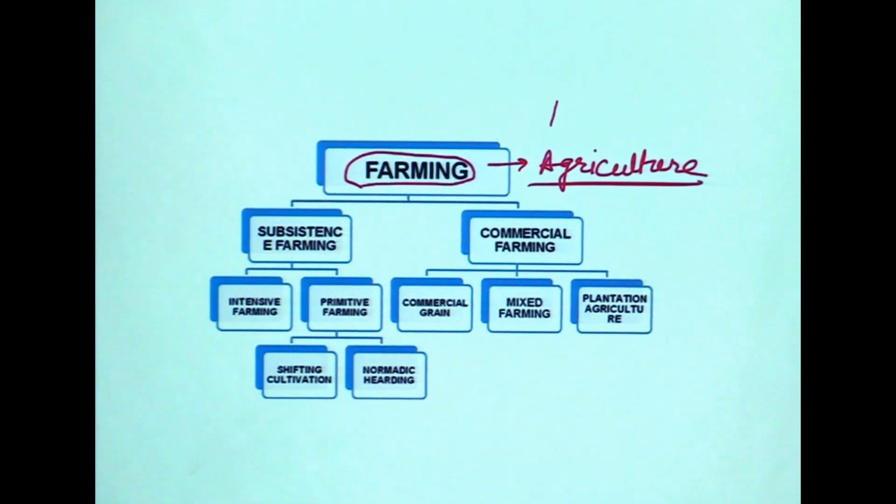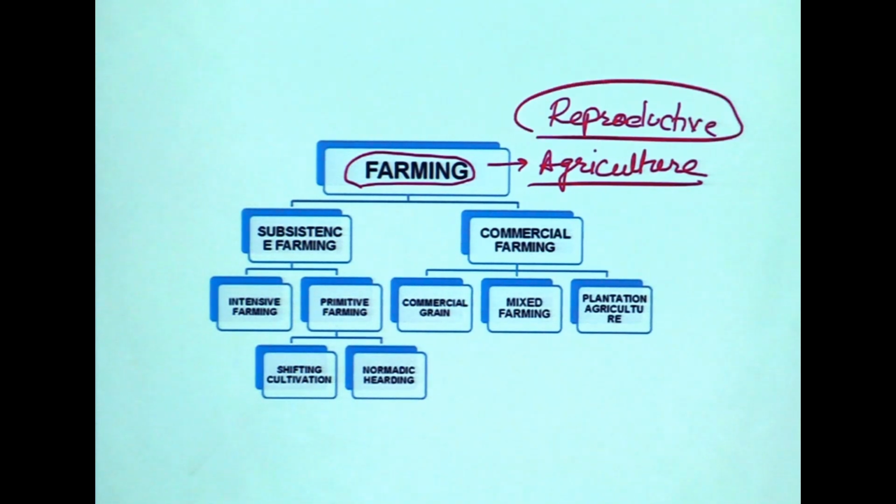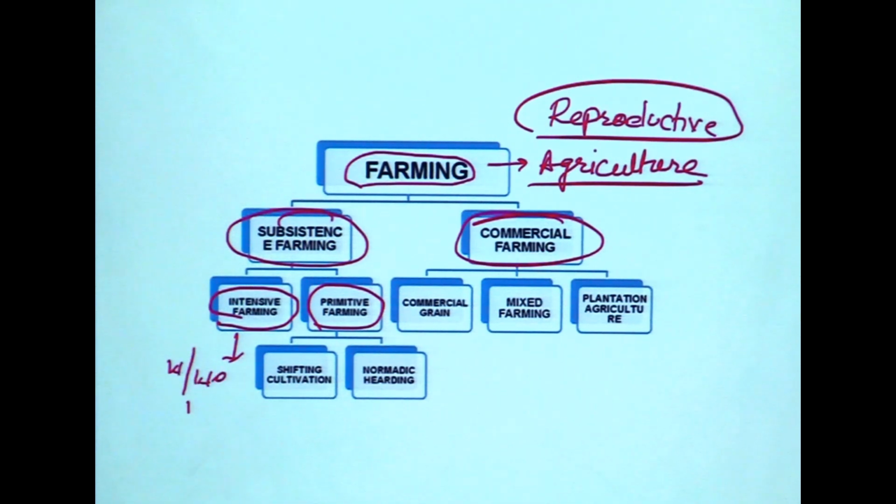Agriculture, or the reproductive industry, includes subsistence farming and commercial farming. Intensive, primitive. Intensive can be with or without paddy. Primitive is shifting cultivation, nomadic herding.